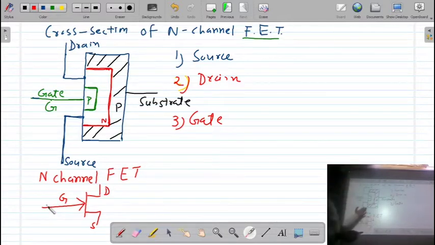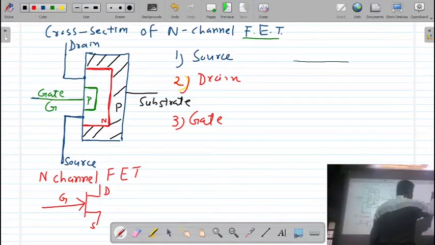Now you may have a question, sir, is there any P channel? Yes, there is a P channel FET also. So I am showing you the cross-sectional view of a P channel FET.